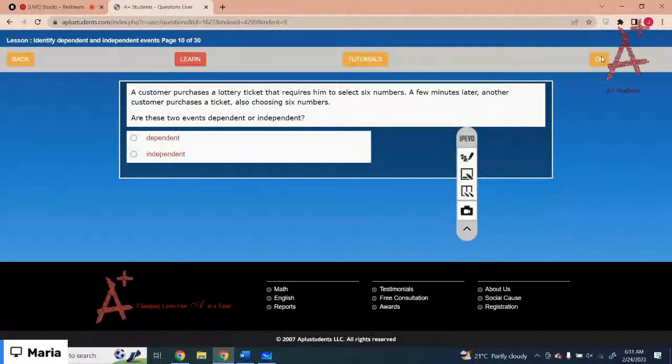They are independent, because the first time the lottery ticket requires selecting six numbers, and the second time again he is selecting six numbers. So that means the events are independent. Got it?